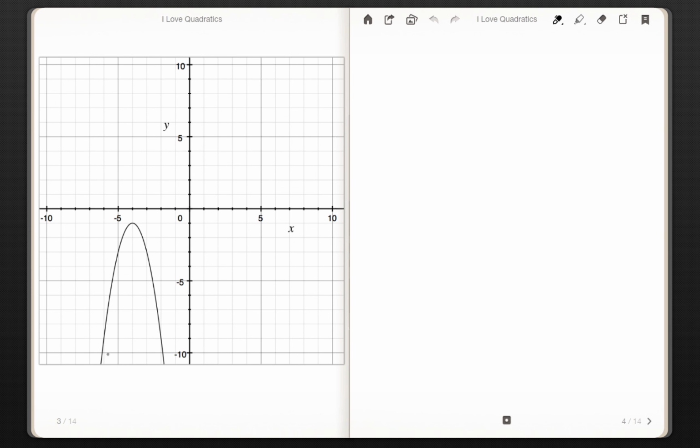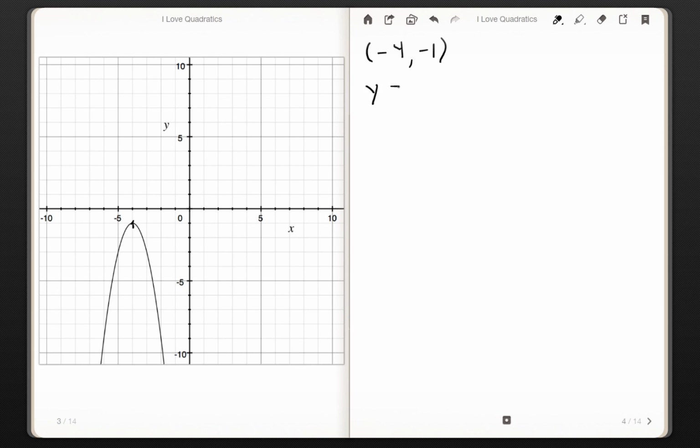Okay, now this one we also have no roots here. This parabola does not touch the x-axis, so we're going to have to use the vertex again, which in this graph is (-4, -1).